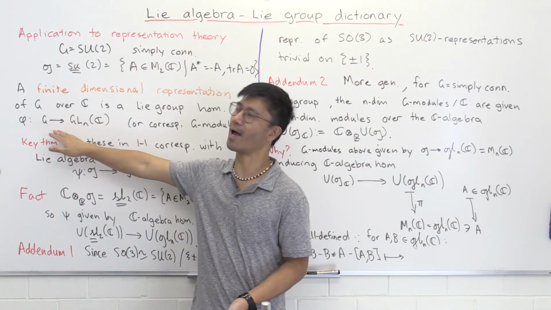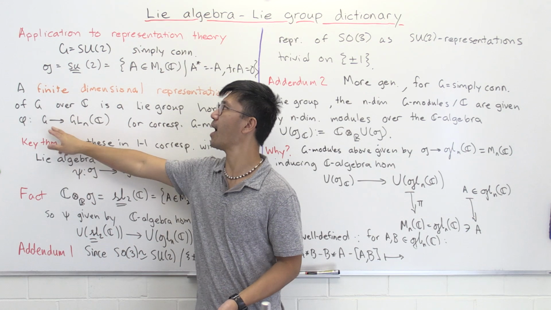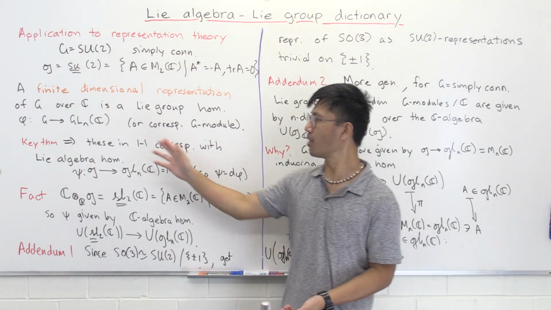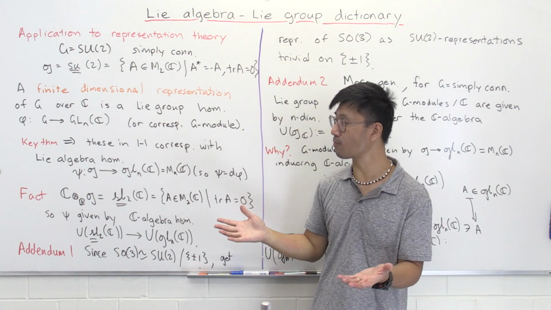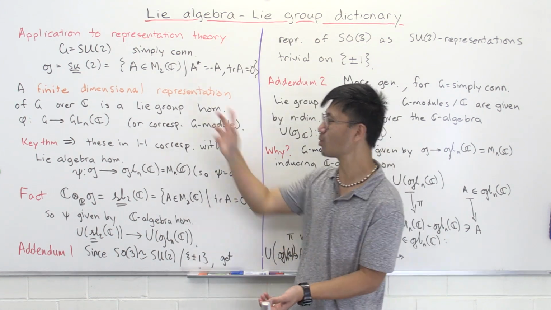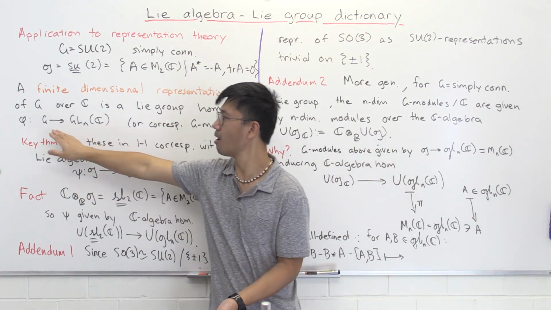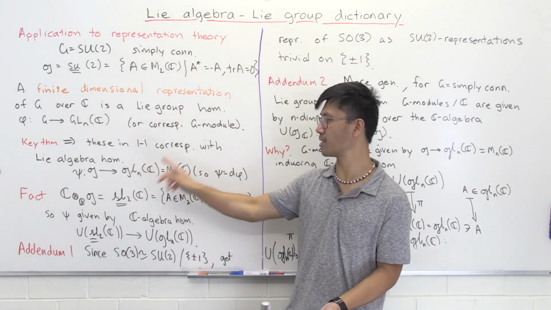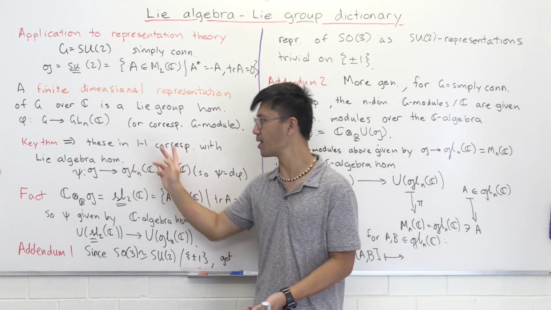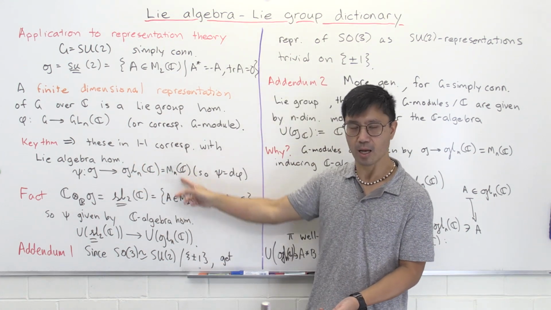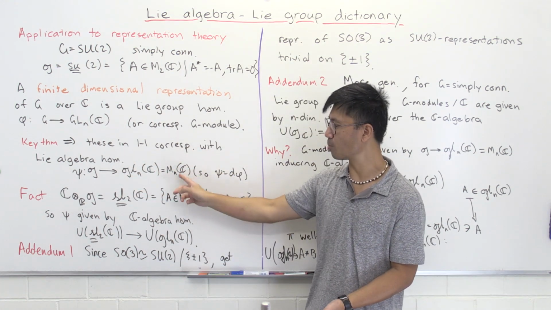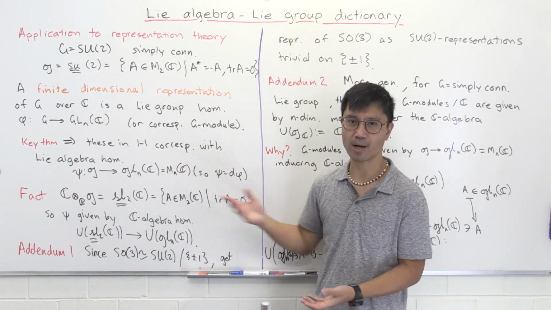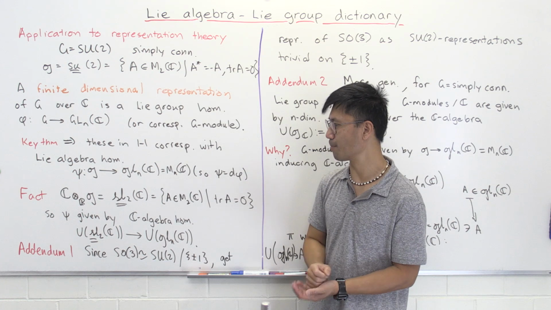Since we're looking at homomorphisms from here to here, and in this case I've picked an example where G is simply connected, the key theorem tells you that you just have to look at the Lie algebras. So we just need a Lie algebra homomorphism from the Lie algebra of G, Gothic g, to the Lie algebra gl_n(C), which is the vector space of n by n matrices over C, with the Lie bracket given by the commutator I already mentioned.